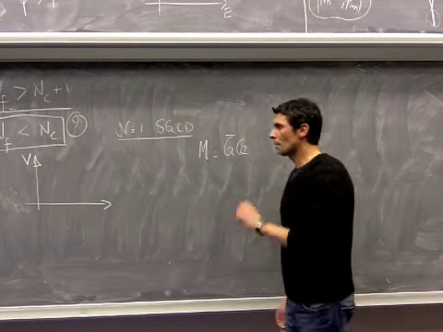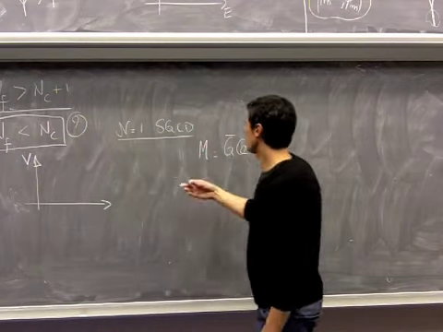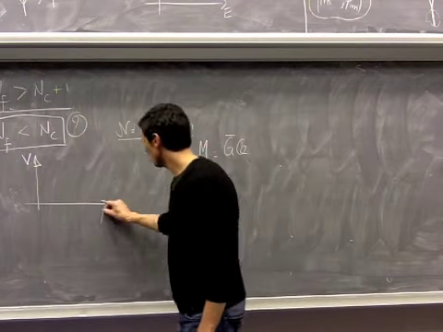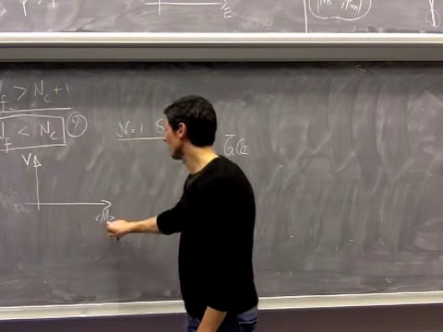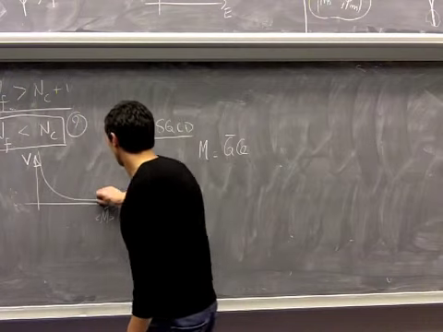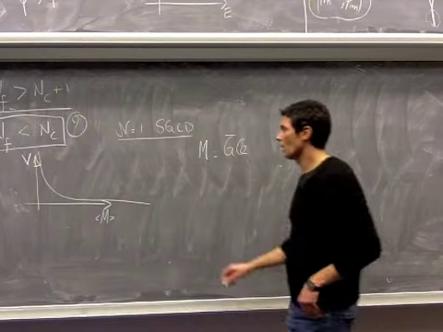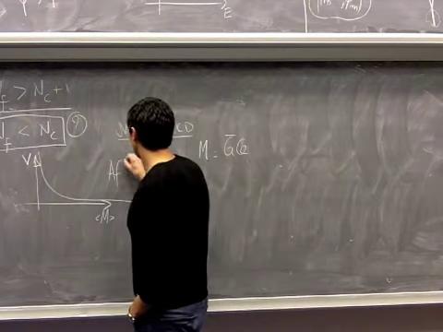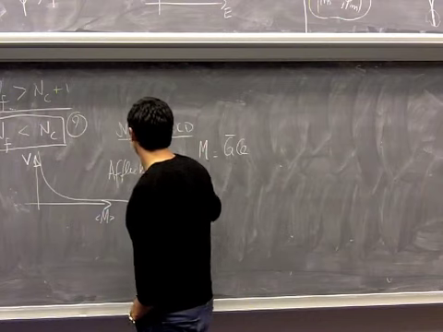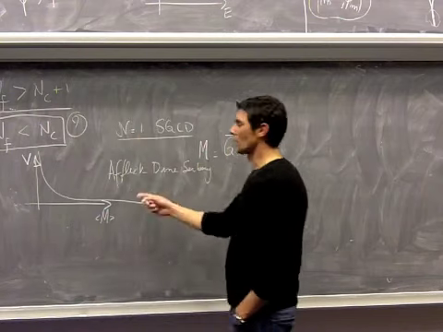The strong dynamics of this theory in this regime will induce for you a potential that, in terms of this mesonic field, will look like this. And it will never have a minimum. Okay? By the way, this is called the Affleck-Dine-Seiberg potential or superpotential.